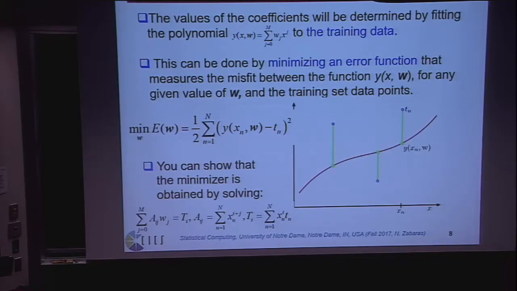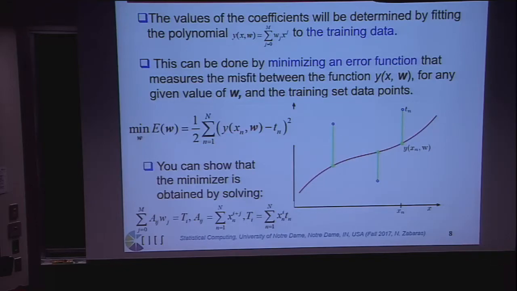I'm introducing here terminology from lectures I have not been able to cover yet, but we call it a loss function. It is minimizing the error defined by these vertical lines, which involve the given data and the predictions you have for each x with this function that you try to fit your data.